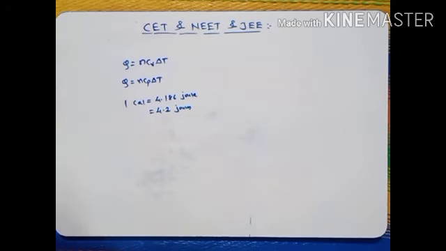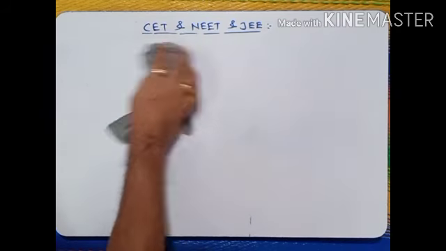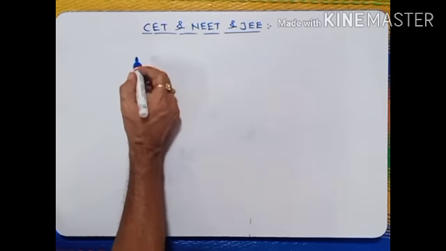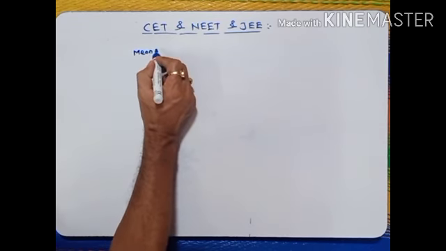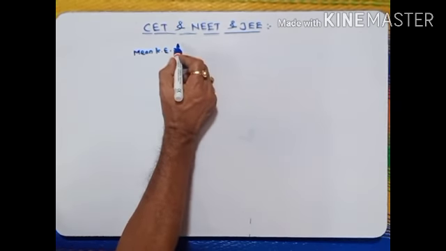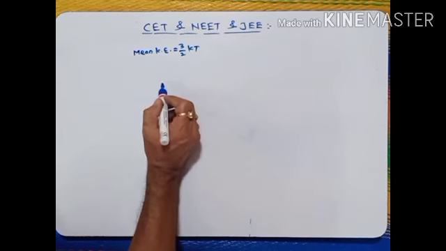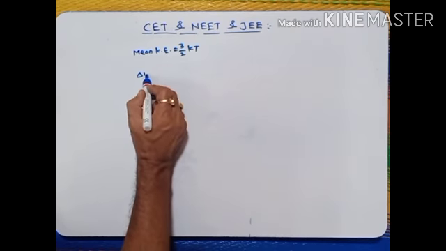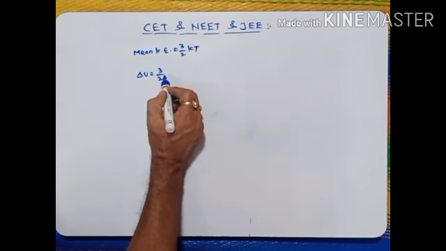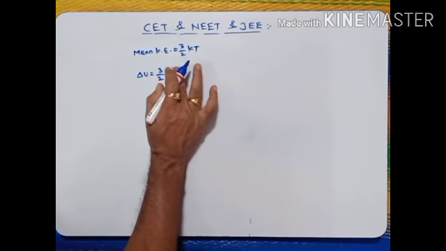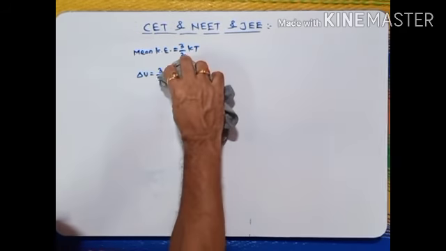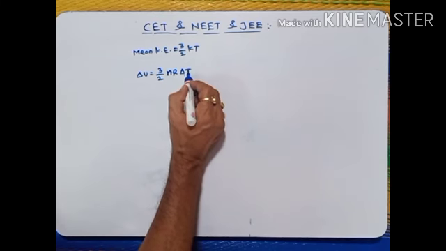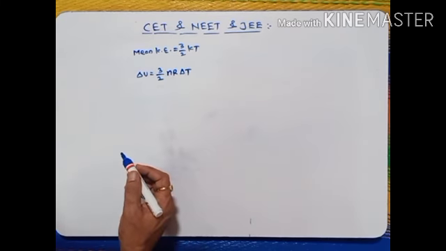Now you know about internal energy. According to kinetic theory of gases, mean kinetic energy K can be given as 3/2 kT. This is about the kinetic energy. Also internal energy delta U can be given like this: 3/2 mu R, or instead of mu we write n R delta T, the increase in internal energy.